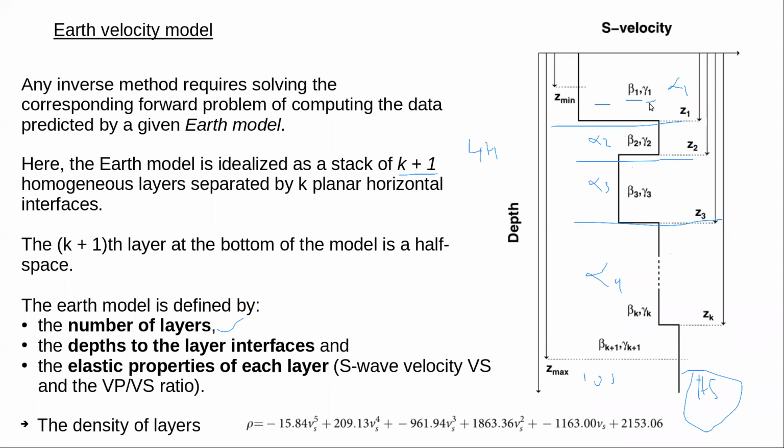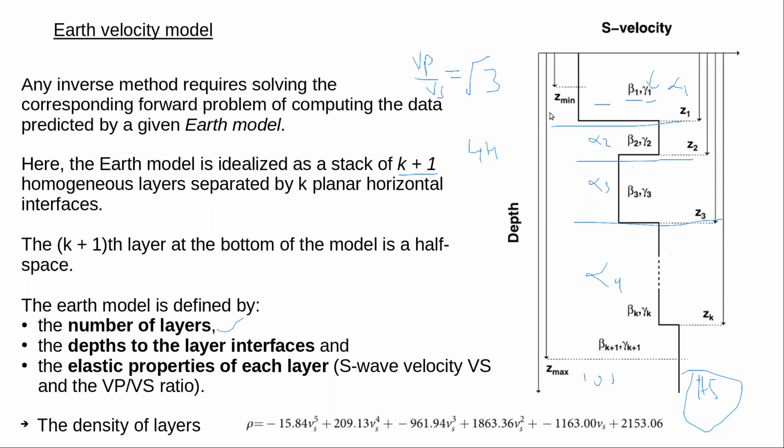Gamma, I think, gives you the VP-VS ratio of each layer. We know the relationship between VP and VS: if we consider a Poissonian crust, it's the square root of 3. But that is when we consider a Poissonian crust.